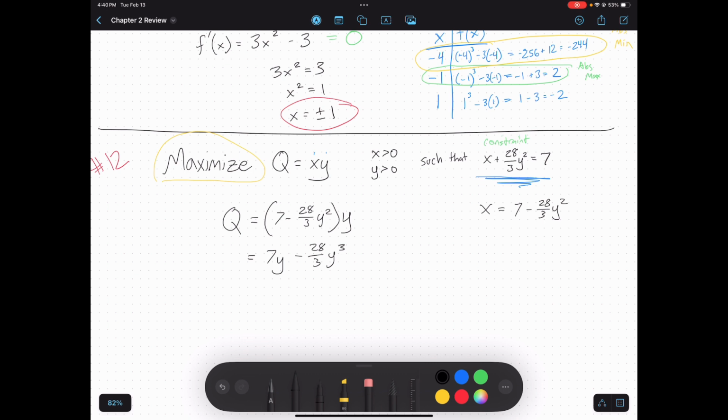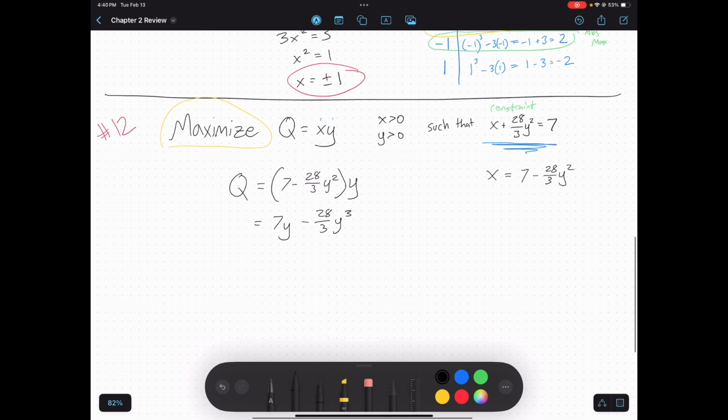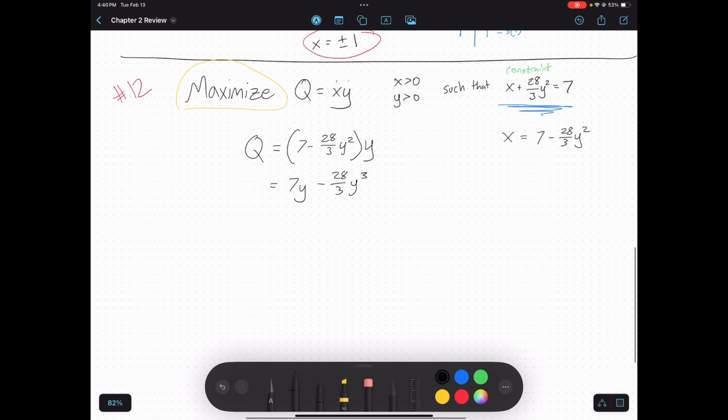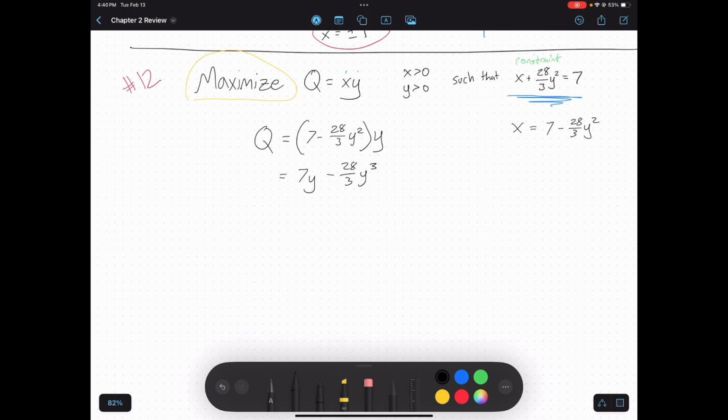And now I'm ready to take my derivative, because now it's all in terms of one variable. So Q prime in terms of y is equal to 7 minus, I bring down that 3, and I get 28 times 3 divided by 3. Well, that just leaves me with 28 y squared.